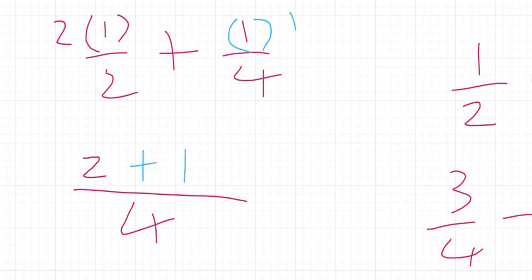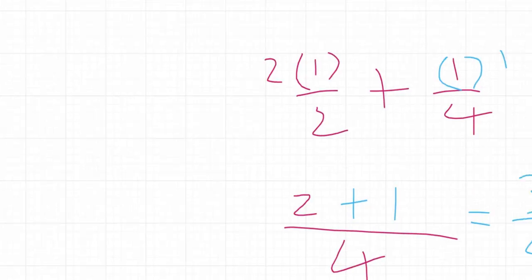Since these fractions are now sharing the same denominator, we just bring back the denominator and add the numerators, and that will give us 3/4. So by recapping this concept, we should not have any problem with simplifying algebraic fractions.